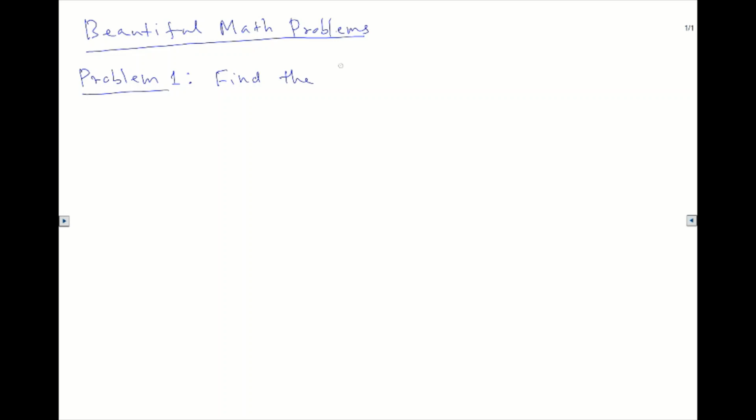Find the length of the curve y equals natural log cosine x, from x equals pi over 6 to pi over 4.